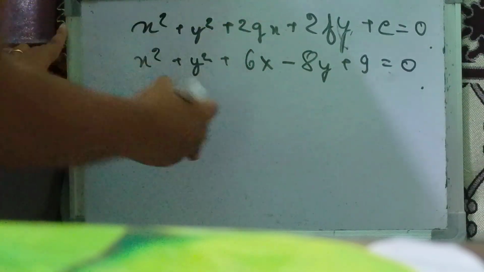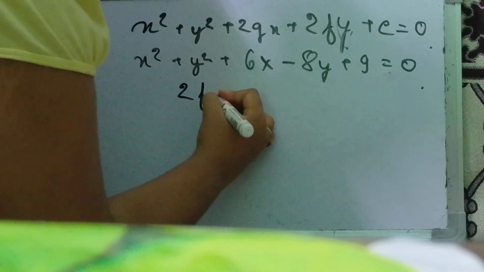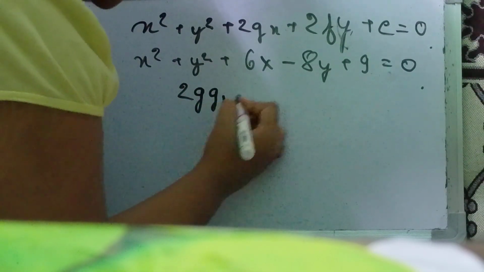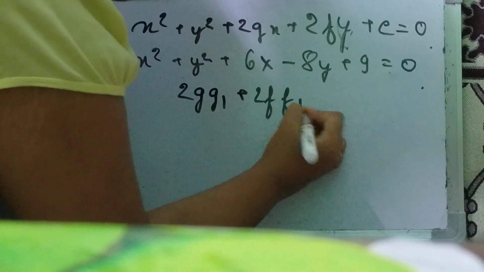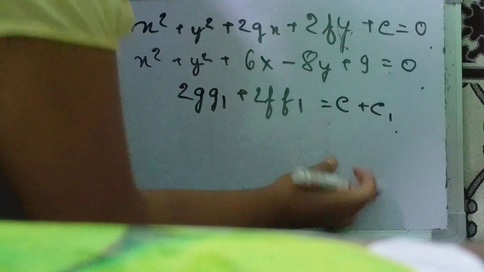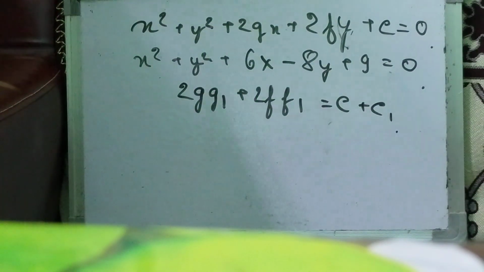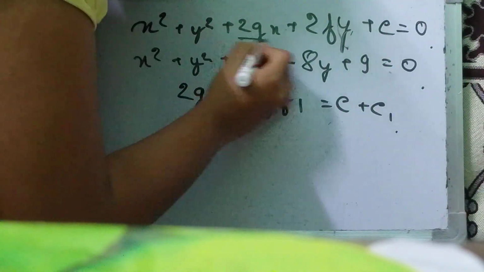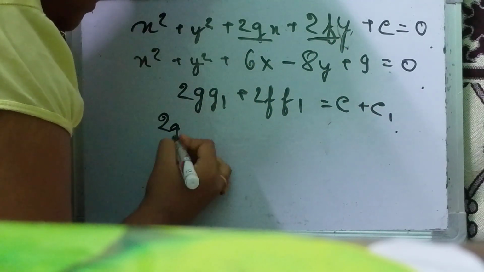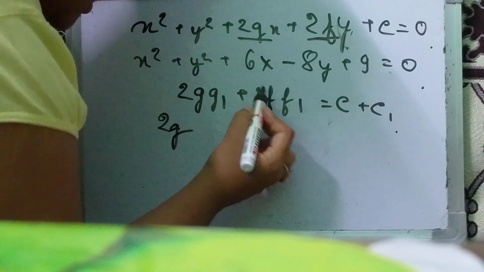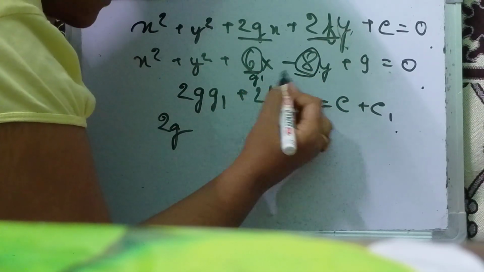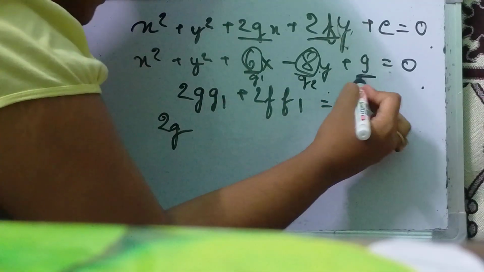So it must satisfy the condition 2g·g1 + 2f·f1 = c + c1. Let's solve this. Here you can see that 2g and 2f are already given, so we identify g1, f1 and c1 from these.